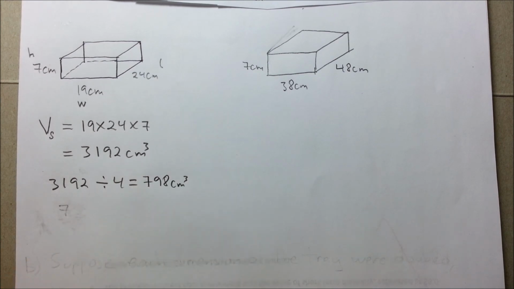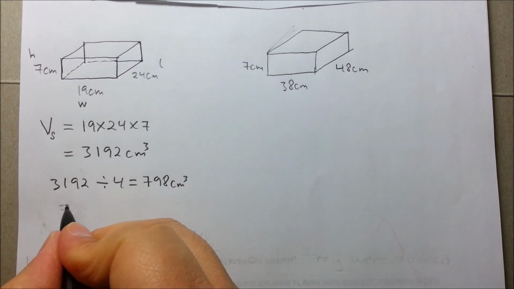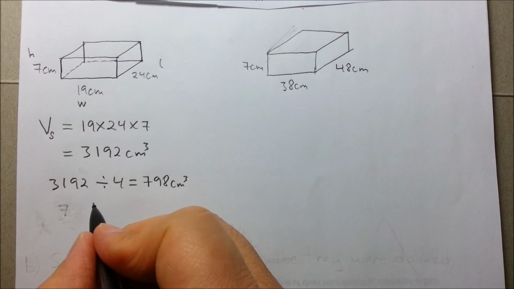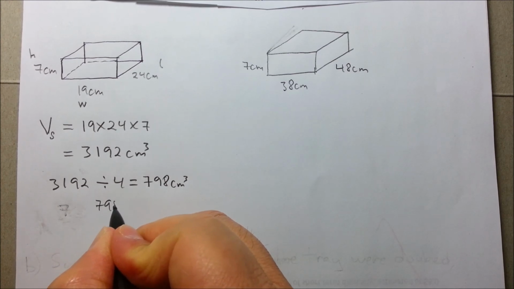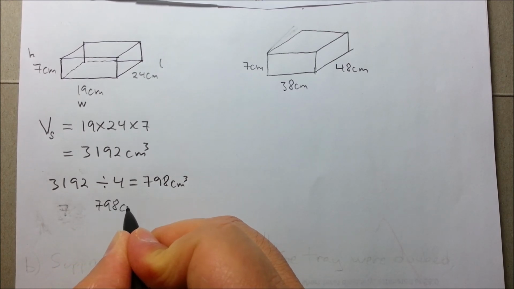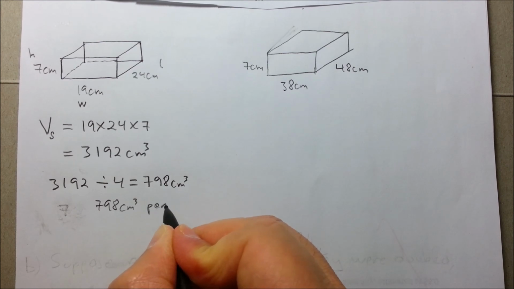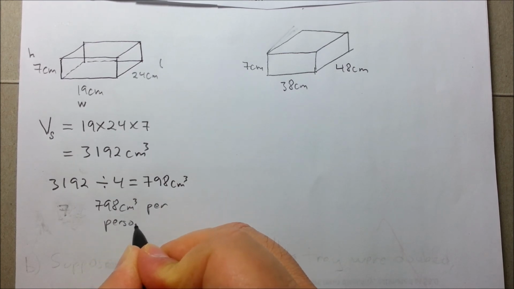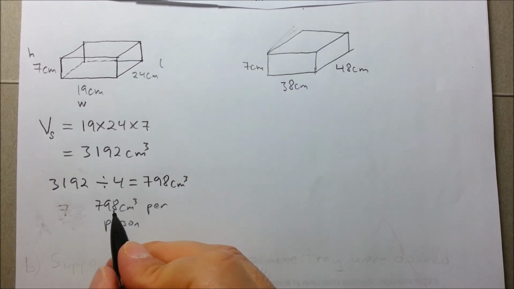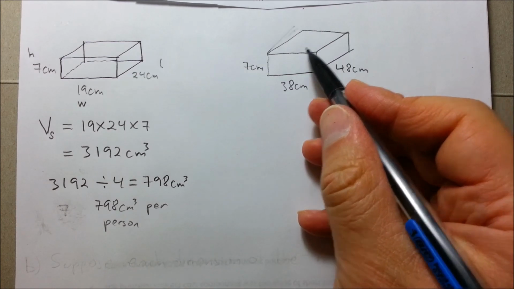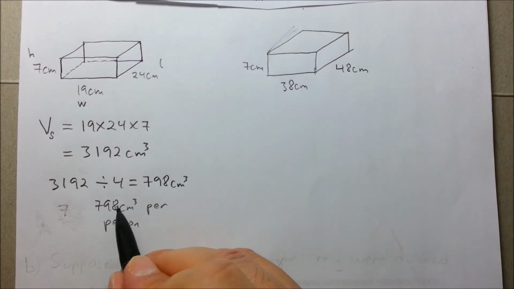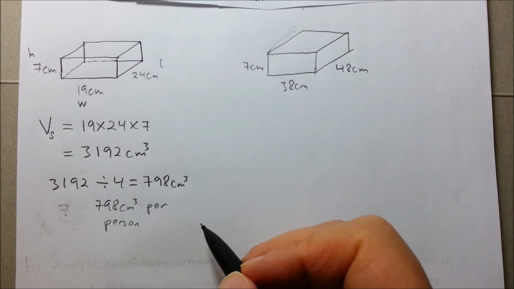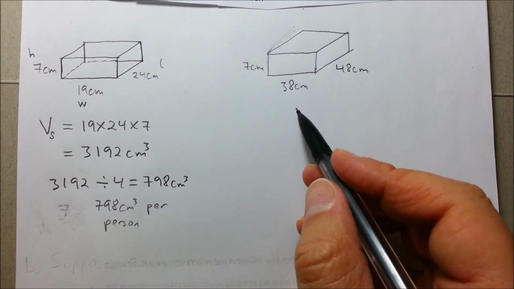Let me write this down here again. 798 centimeters cubed per person. Okay, so if we have this, then we can calculate the volume of the bigger tray and then divide it by this to see how many people this new tray can feed.